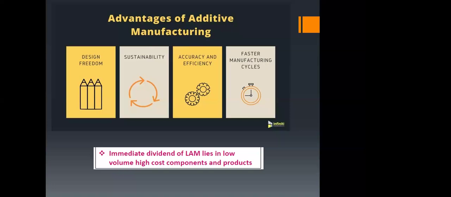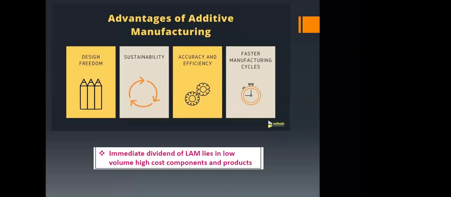For example, if we require an artificial valve for our heart or the stent we use in heart surgery, those are high value products, but the requirement of those parts is not very large. So high value, low volume components and products are apt for any kind of additive manufacturing.